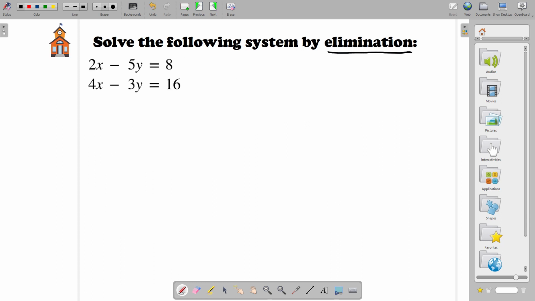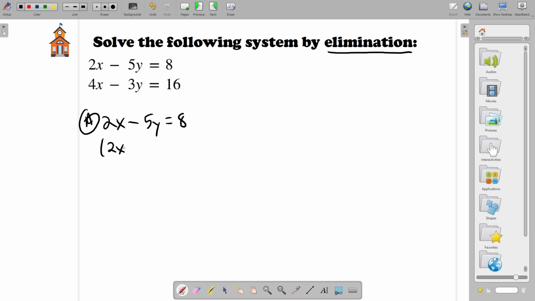Again, they want us to use elimination, and I can see in this with the elimination, it would be difficult to make the y's add out, but the x's would add out if this was a negative 4x. So I'm going to take 2x minus 5y equals 8.